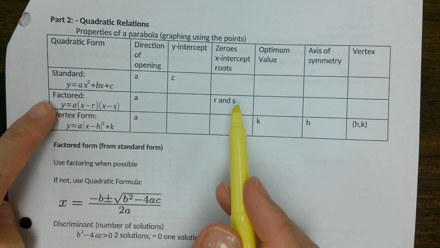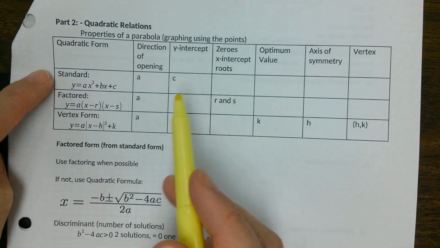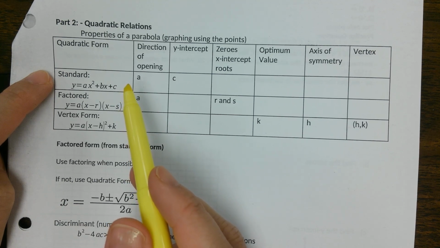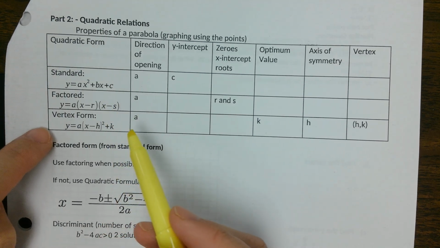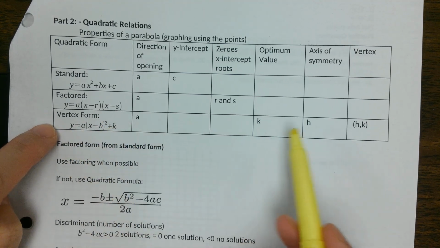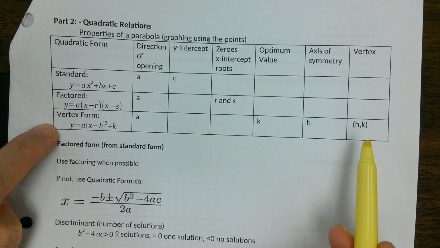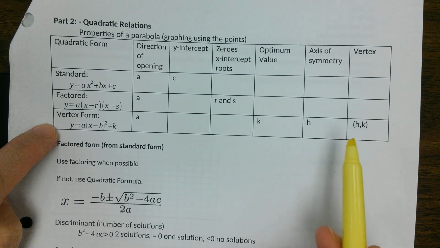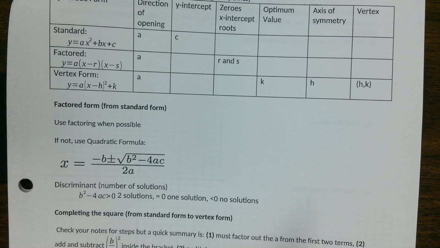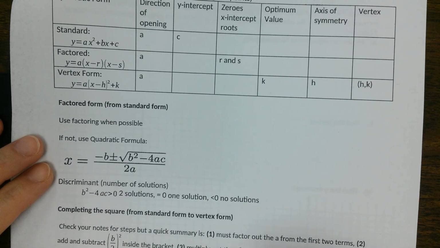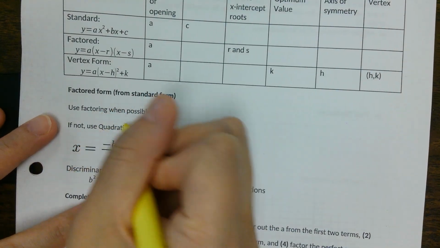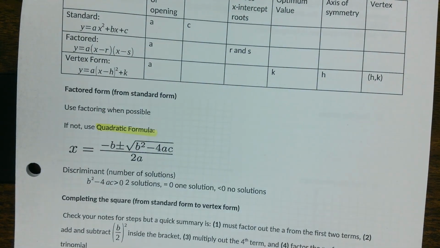Keep in mind the opposite signs. If I want to go from standard form to vertex form to find my vertex, I would have to complete the square. Once I complete the square and put it in this form, my vertex is H and K. To find the roots, I can use the quadratic formula.